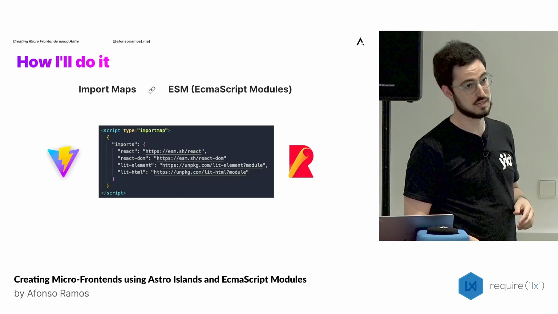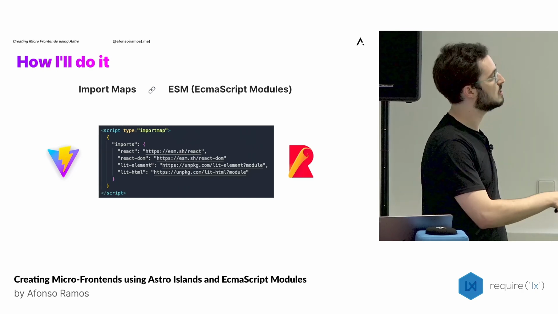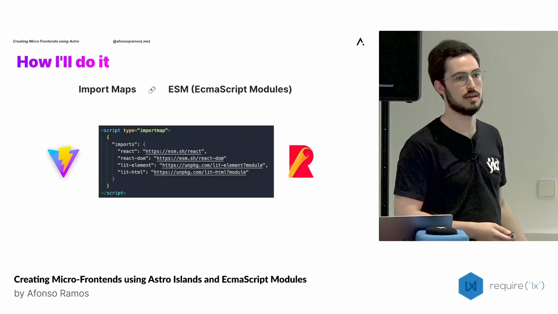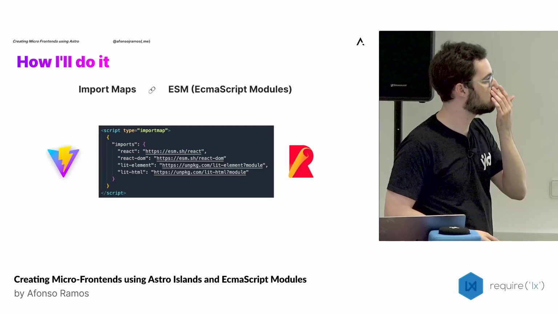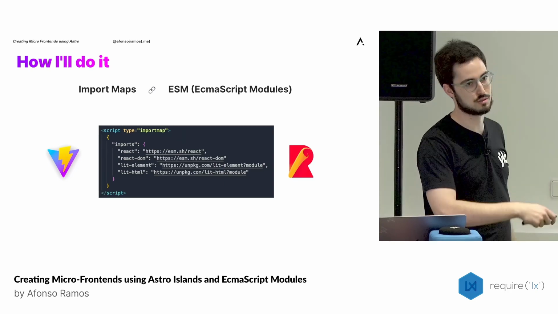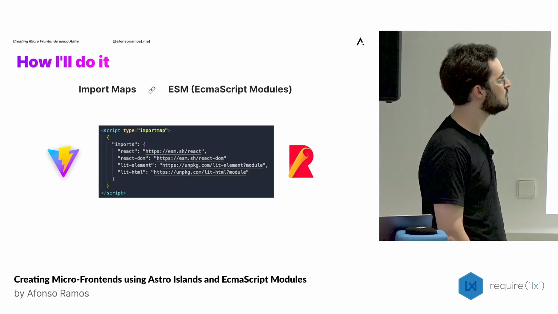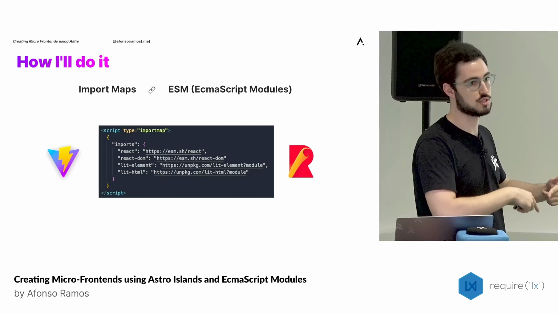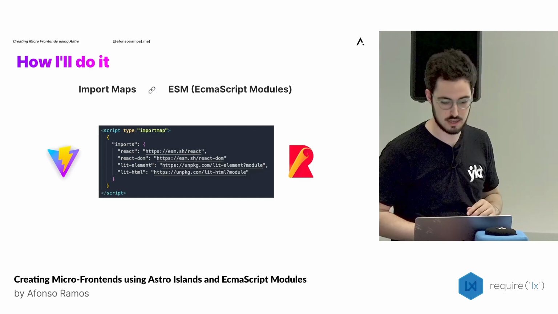Another benefit of ESM modules is that you can version them. In this case, I didn't version them because I was just working with latest. But obviously, if you work in a company, you'll need to start versioning this, and you can have multiple versions as well. So that's also good for transpiling and bundling.